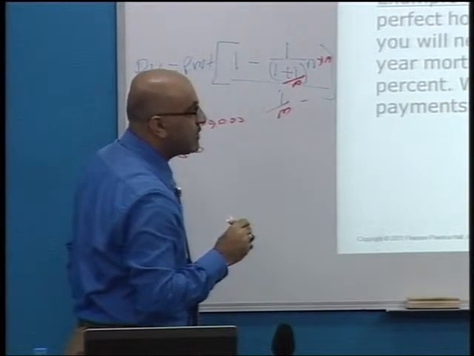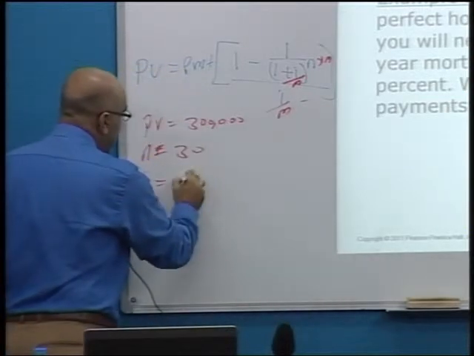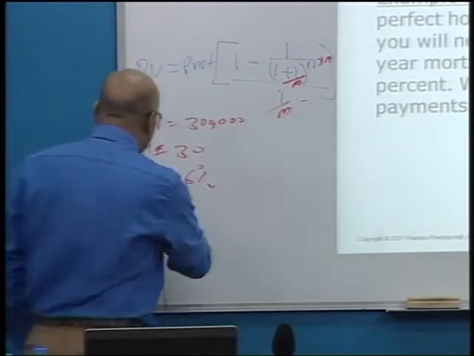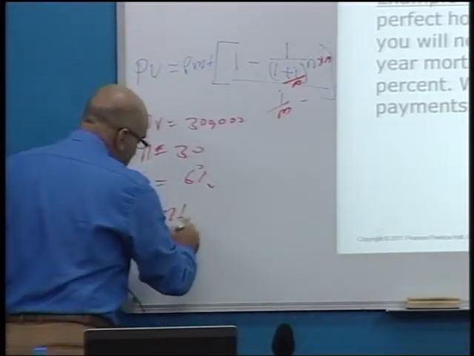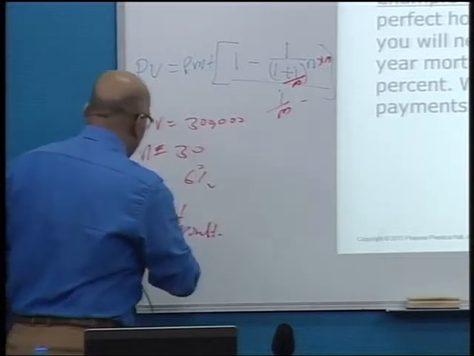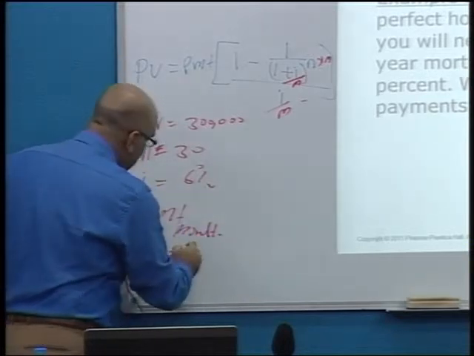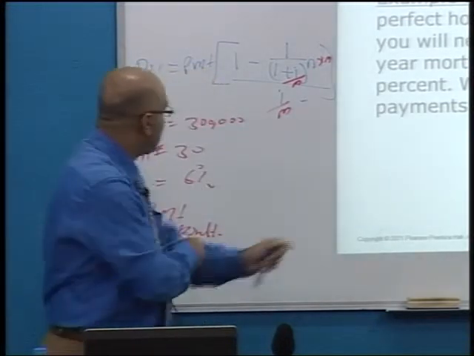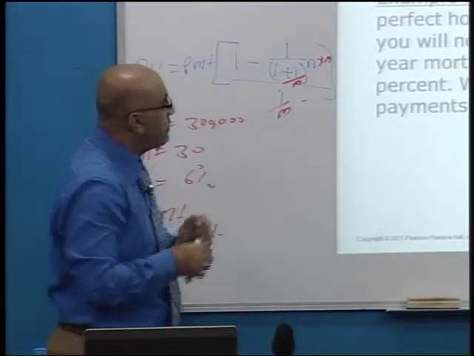Mortgage at an annual rate of 6%. So I is 6%. What will your monthly mortgage payment be? We need monthly payments. M in this case is equal to 12.